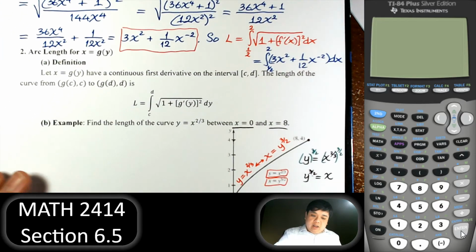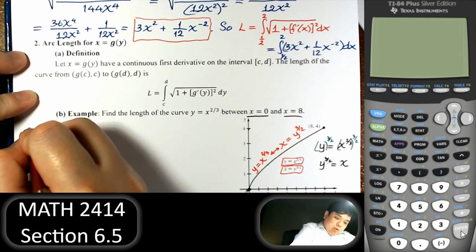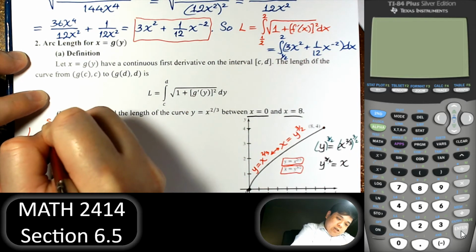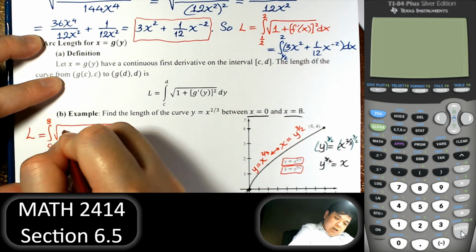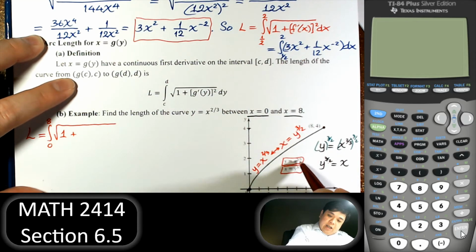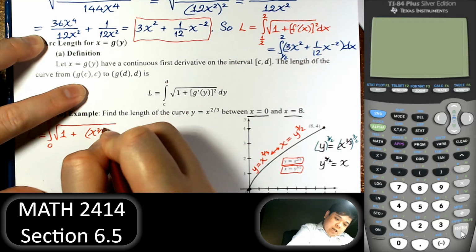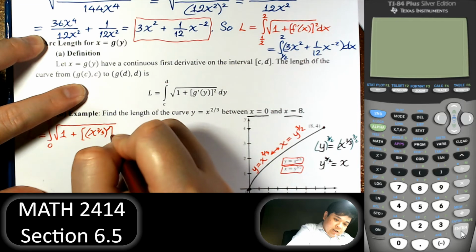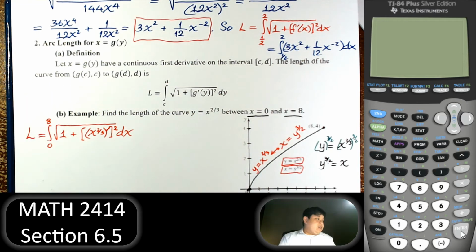So the arc length, I'm going to write out. If we want to, we can go from 0 to 8 of the square root of 1 plus the derivative in terms of x. So x to the 2/3, take the derivative, and then we square it if we want to do dx.